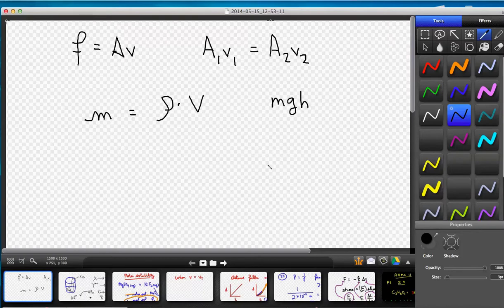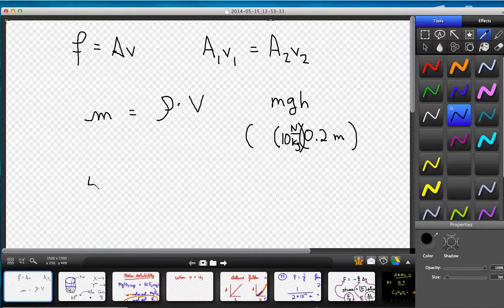What are we given? We're given the h, that's 0.2 meters. Of course, we know what g is, it's 10, and it's going to be 10 newtons per kilogram. Again, this is going to give me a Newton meter. Now, what about mass? We know the volume of water.